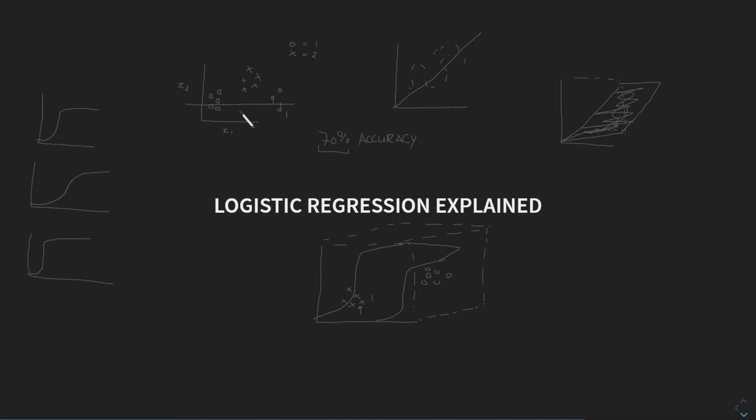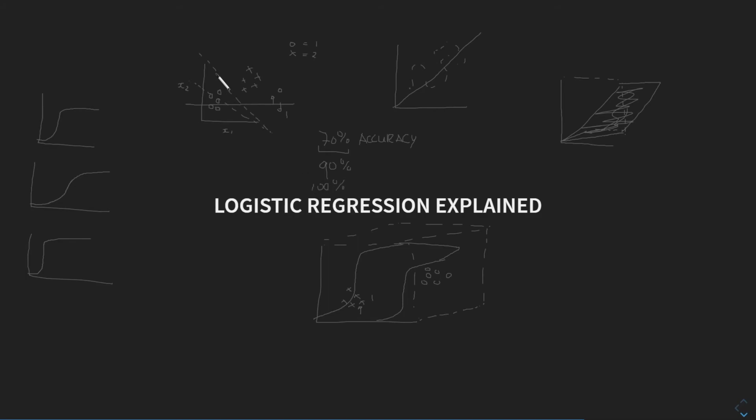Now you can imagine that we start moving this line to here, right? That position gives us 1 incorrectly predicted target, so that gives us 90% accuracy. And we move it up again, right there, and that will give us 100% accuracy.